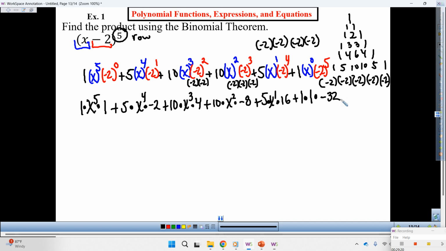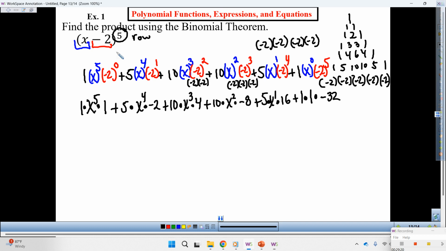So as you're copying it down, here goes the process one more time. I look at the exponent to see what row I stop on my triangle. There it is. From there, I use these as coefficients. I use the first term starting at exponent 5. Next term, it goes to exponent 4. Next term, exponent 3, 2, 1, all the way to 0.